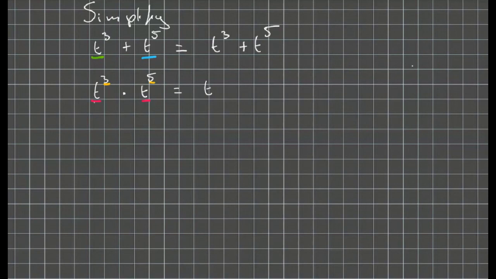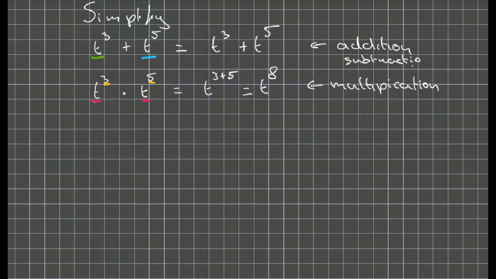So with this, we can actually write down t to the power 3 plus 5, which is t to the power 8. Big difference between addition and multiplication. And of course subtraction, because it works the same as addition, but then with a minus.